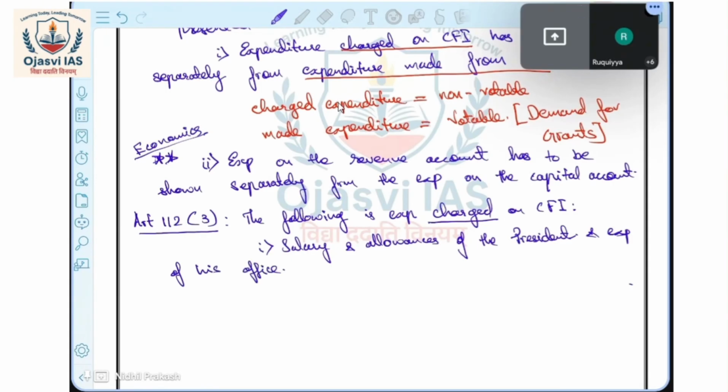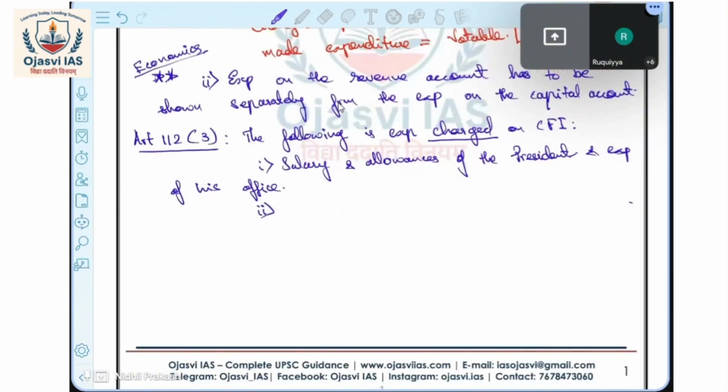Secondly, salaries and allowances of the Speaker, Deputy Speaker, and then who are the other presiding officers? Vice President.